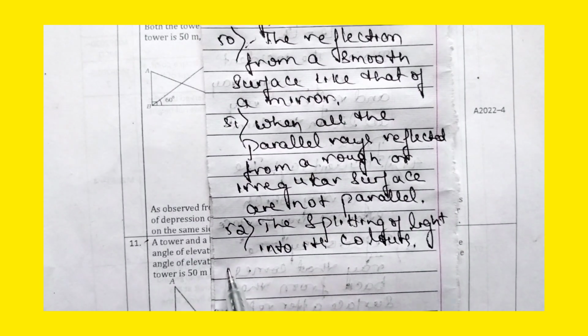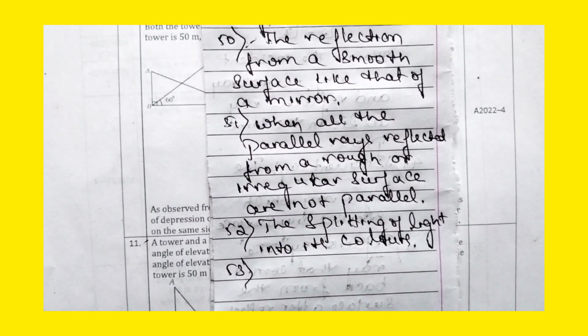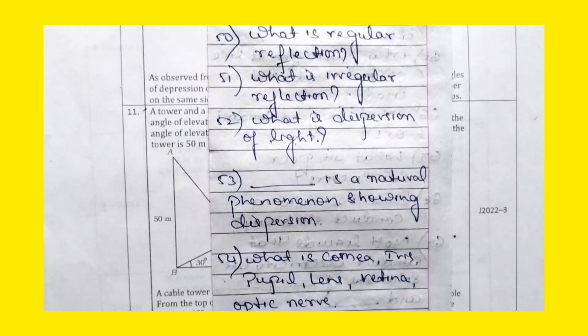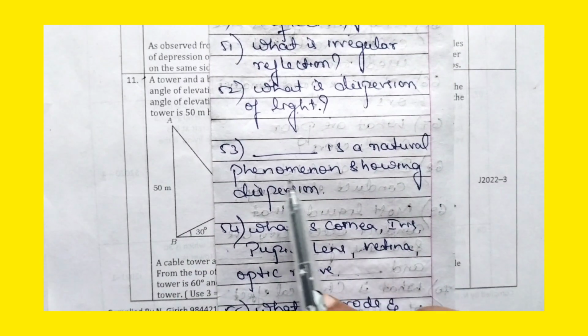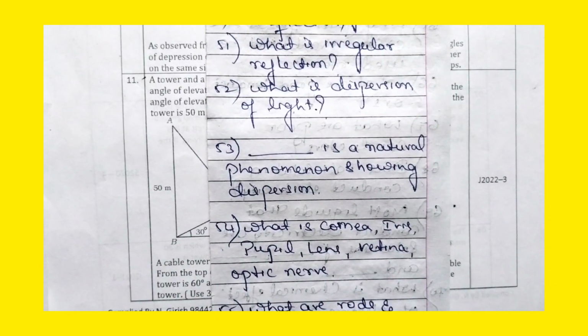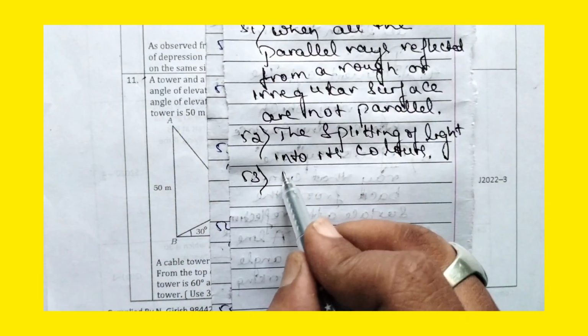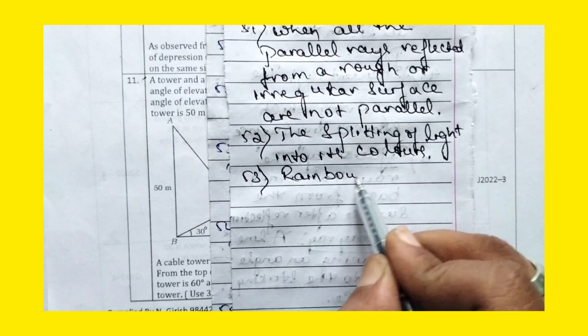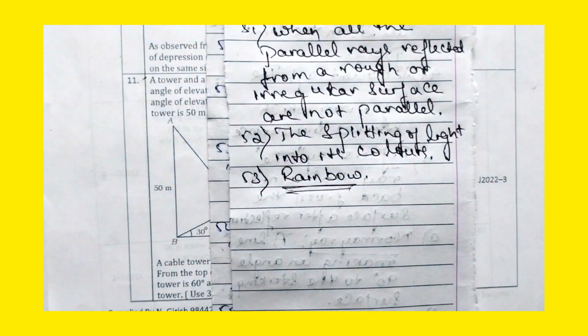Now the 53rd question: what is a natural phenomenon showing dispersion? The rainbow is a natural phenomenon of dispersion of light.